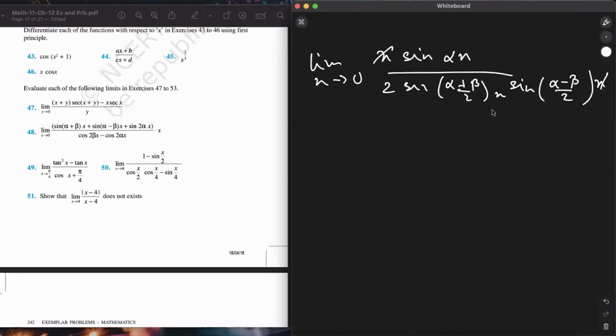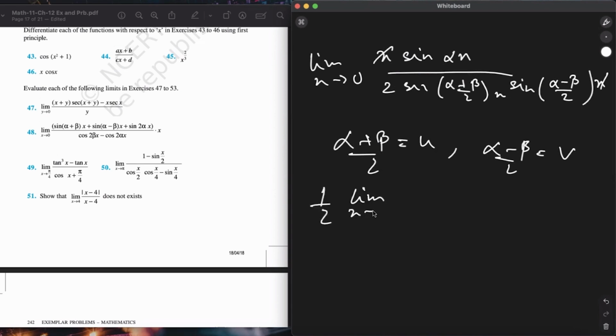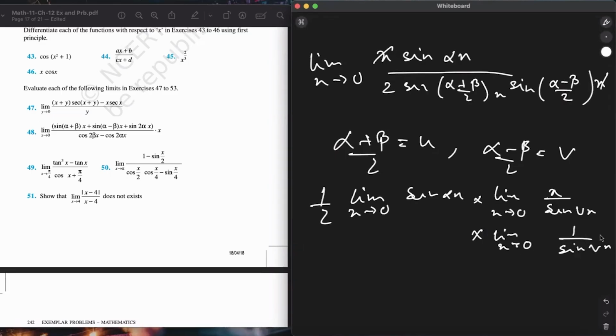If I take (alpha plus beta)/2 as some u and (alpha minus beta)/2 as some v, then I can write this whole thing as half of limit x tending to 0 of sin alpha x, multiplied with limit x tends to 0 of x by sin ux, multiplied with limit x tending to 0 of 1 upon sin vx.